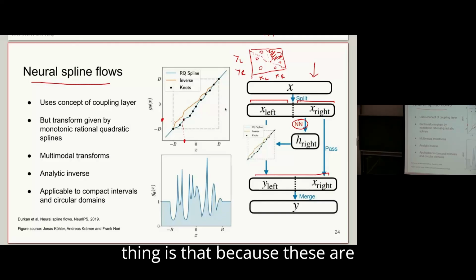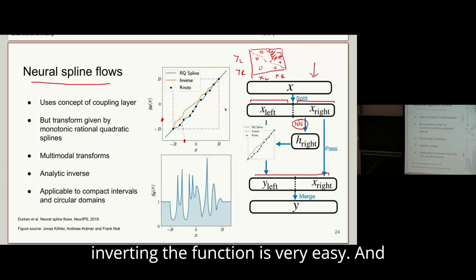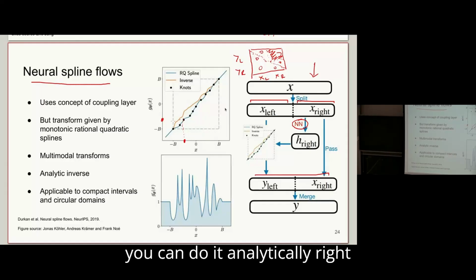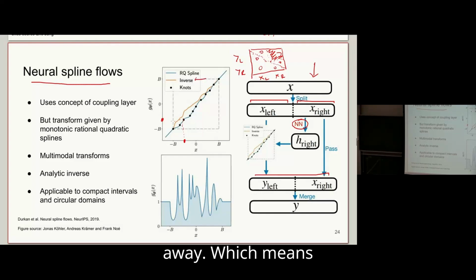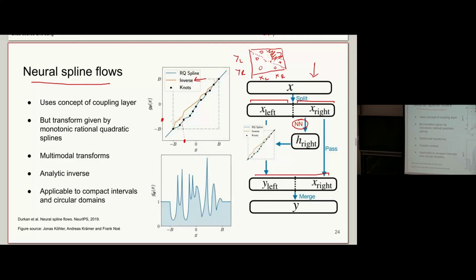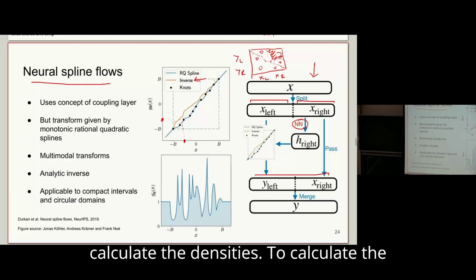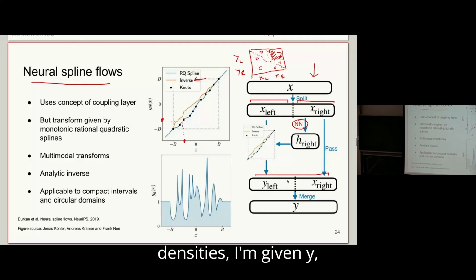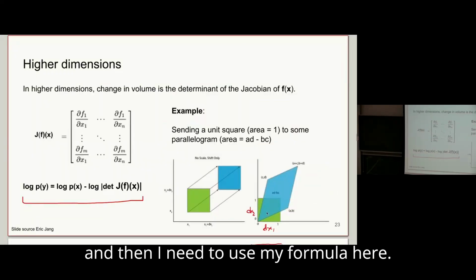And the good thing is that because these are polynomials, low-degree polynomials, inverting the function is very easy. And you can do it analytically right away. You get here the inverse right away. Which means that I have the inverse of my function, and that's going to be necessary to calculate the densities. To calculate the densities, I am given y, and then I need to use my formula here.